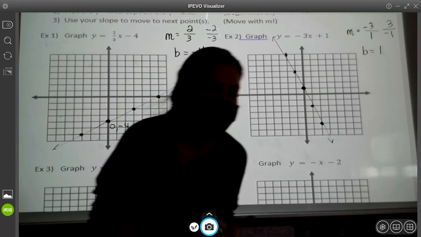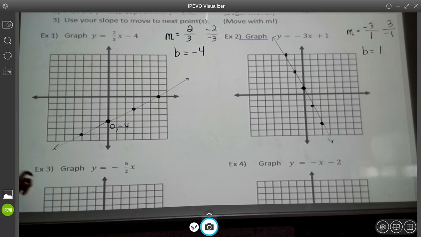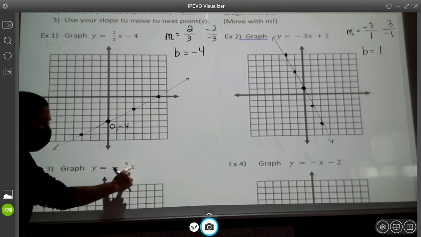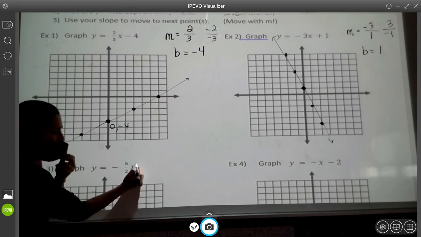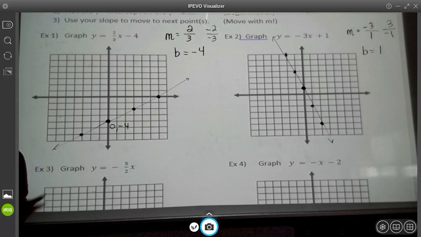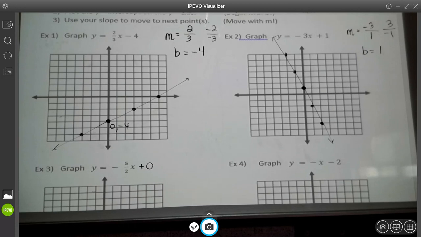Everybody's good? All right, so guys, look at this one. Graph y equals -5/2 x. Well, two things. Number one, who is the y-intercept assumed to be when nothing is written out there? 0. So if you want to put +0 to remind you, that's your y-intercept. Another thing is math loves to put the negative of a fraction directly in front.